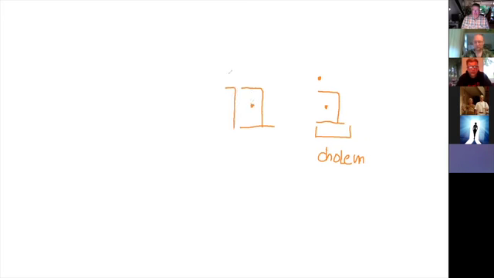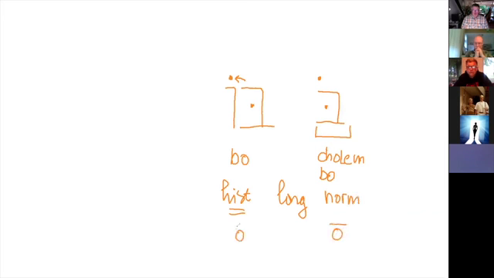Then the Vav is a mater, and it's carrying the column. So the column moves from the B to the Vav. The dot moves in that direction. So this is also pronounced as bow, and this is also pronounced as bow. Both are long O's. This is normal long, and this is historically long. Transcribed like this and like that.